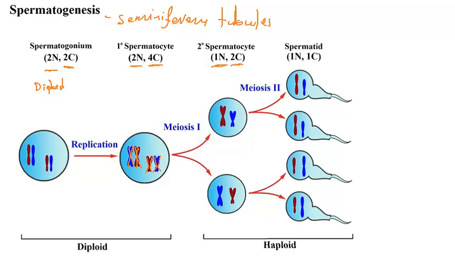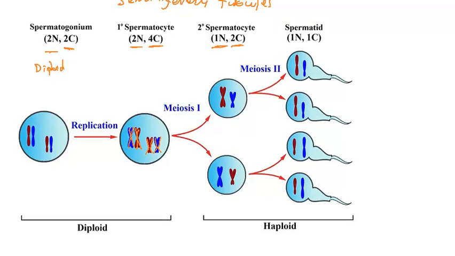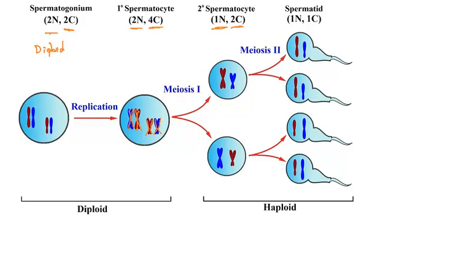Now, what happens after these spermatids are formed? These cells are still immature, and so now they need to develop into a mature spermatozoa, and this process is called spermiogenesis. Genesis, meaning that these spermatids will now develop into a mature spermatozoa.